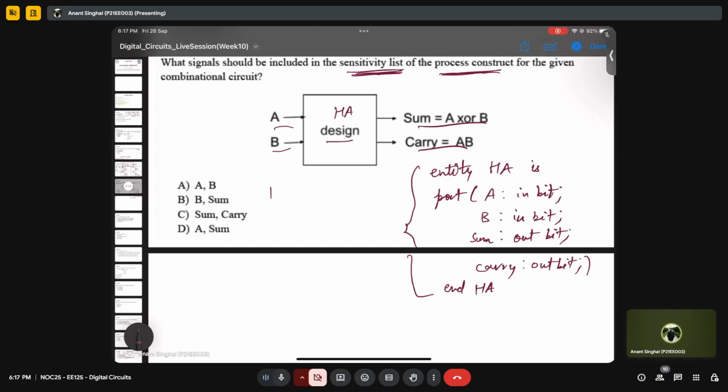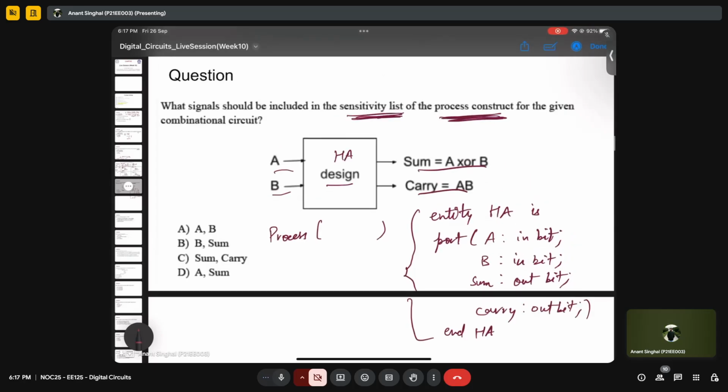Now we also have a process construct that is given in the question. In process, in the brackets, we write those variables, so it contains a sensitivity list. What does it mean?